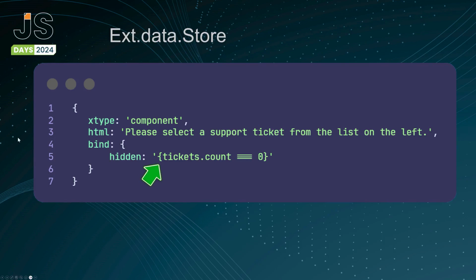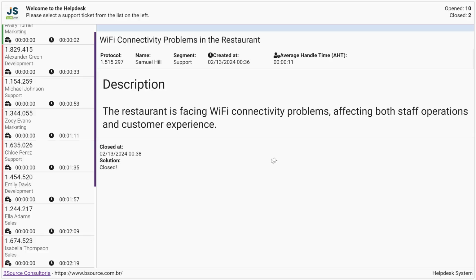So here what it's saying is, please select the support ticket from the list on the left. And the logic here is to hide if tickets.count equals 0. Meaning that if we don't have any tickets here, this message should not be shown.